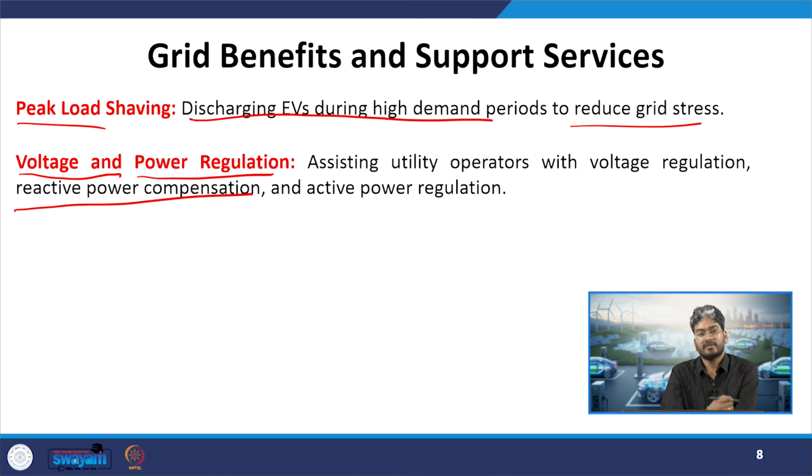When we go for reactive power compensation to improve the power quality or to help the grid whenever it is having a low power factor, we can give the reactive power so that our power factor will improve or the voltage profile will improve. How this voltage profile is related to our reactive power, we have discussed just now while discussing the closed loop control. So, here I can do the reactive power compensation by using the vehicle.